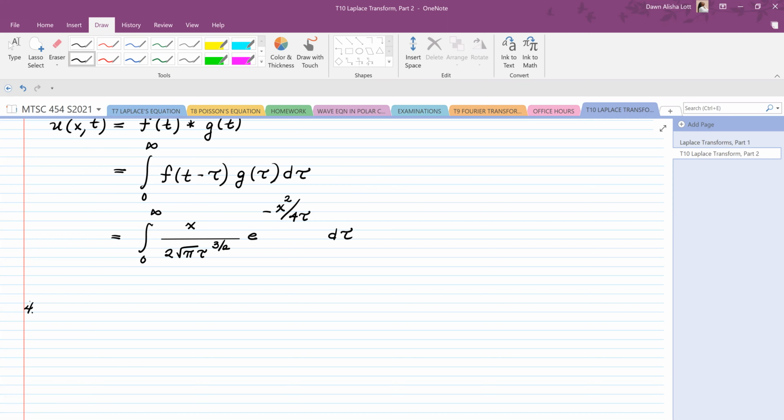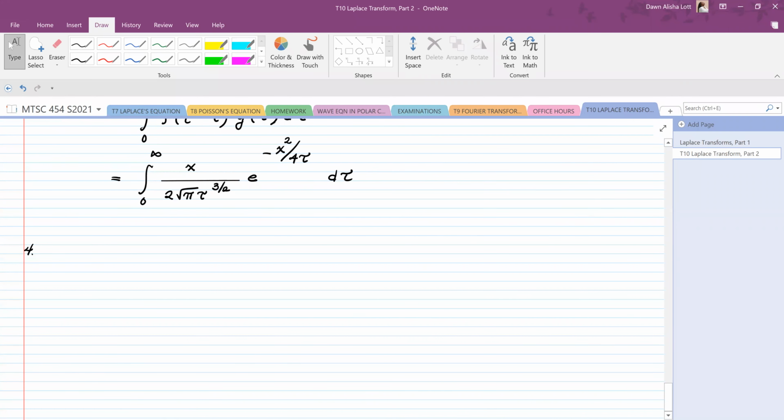This one is another heat equation, but it actually has a nice solution. Okay. So this one is u sub t equal to u sub xx on the interval 0 less than x less than 2, t greater than 0.